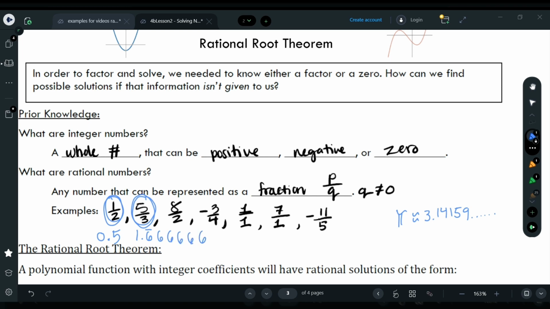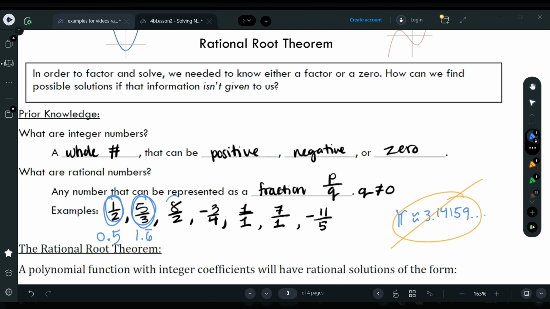It repeats. So because it repeats forever, it's a rational number. But with something like pi, when you have an infinite decimal that never repeats, that's not rational. It's actually what we call irrational. So this one, not a rational number. But other than that, a decimal will be a rational number.